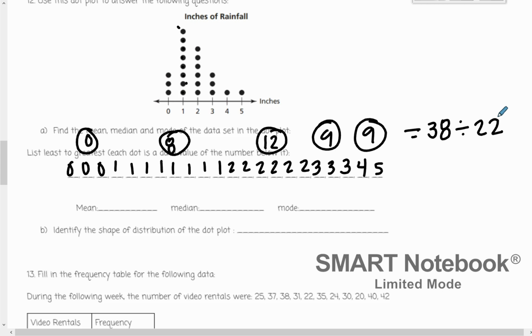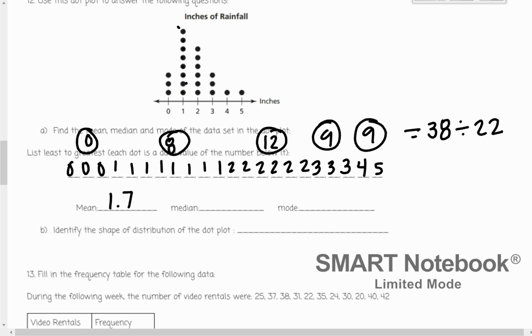We take 38 divided by 22, and we're just going to keep it to one decimal place, so 1.7. If on your check-in you get a weird number, make sure you look to the directions to see what you should round it to. In this case, it would say round to the nearest tenth, since we only wanted one decimal place.